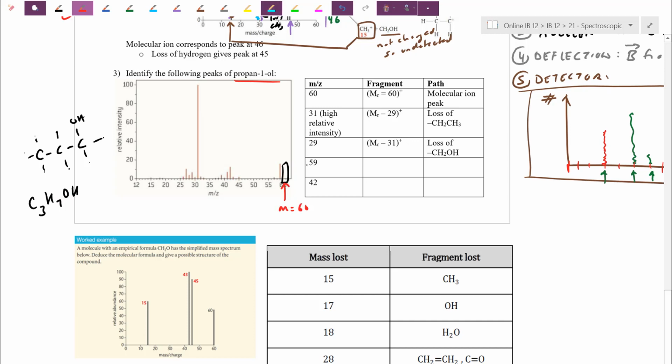What can explain the fragment at 59? Well, that electron bombardment here is going to start fragmenting. It's going to start making larger molecules, smaller molecules.